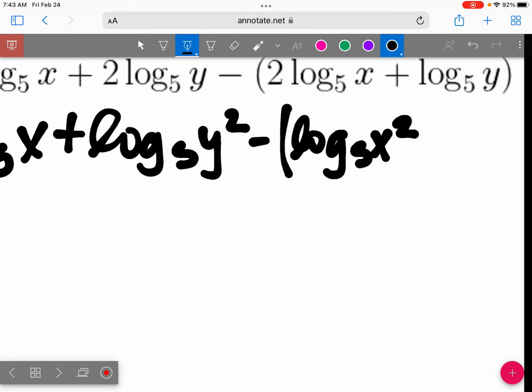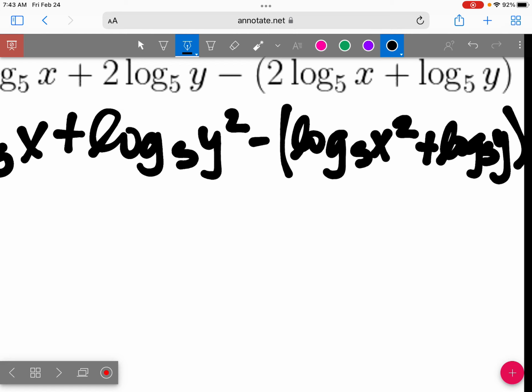Good. Can you guys read that? Yeah? That's fine. Step 2, addition becomes multiplication.